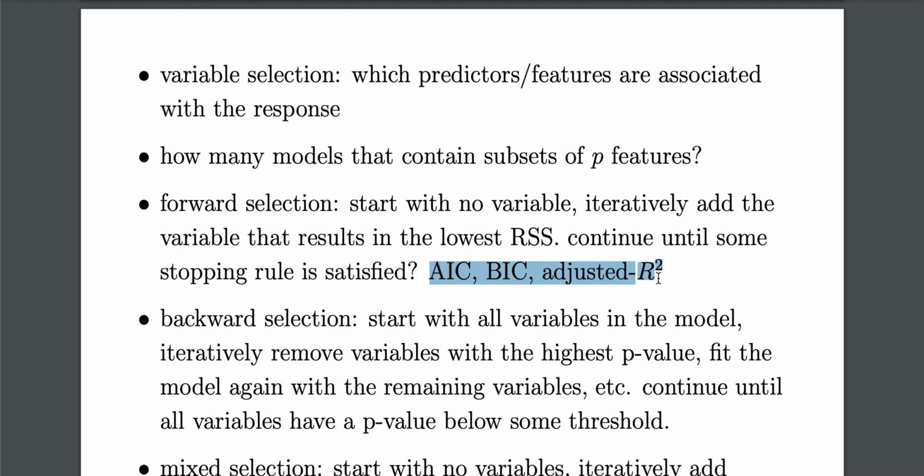They're not always perfect, but their idea was to try to find something that is directly related to the test error, something that's very different from the training error, a measure that takes complexity into account. So that's forward selection.